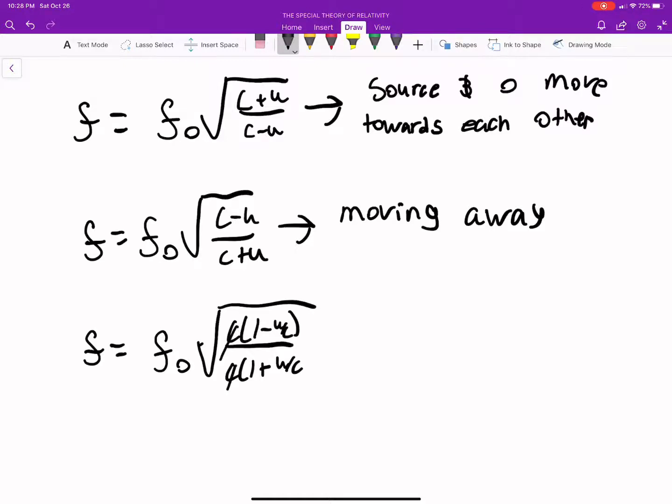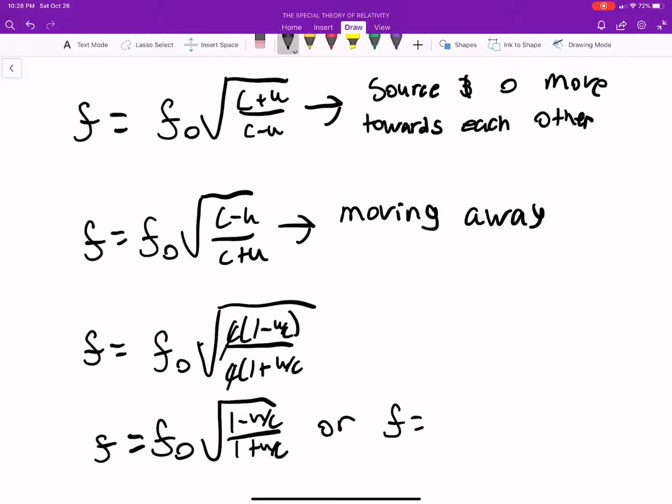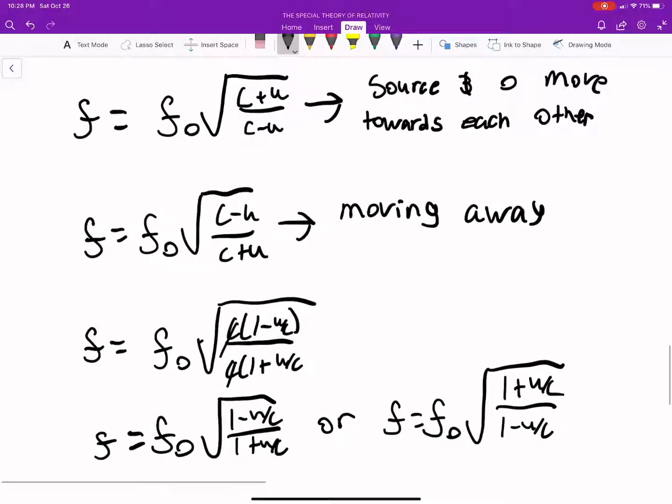The c's drop, so you get f equals f naught, the square root of 1 minus u over c over 1 plus u over c, or by the same logic we did before, just with this new notation, f equals f naught times the square root of 1 plus u over c over 1 minus u over c, depending if you're moving towards or away from the source. So yeah, that's pretty much all there is to it.